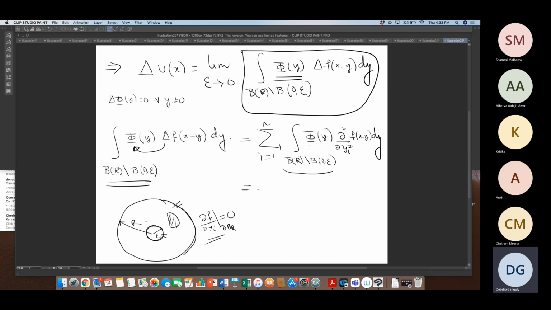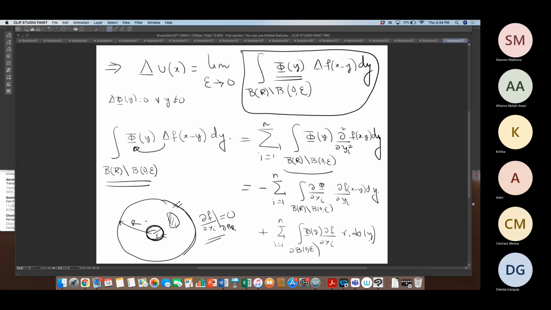So the first derivative here gives minus the sum over i equal to 1 to n of the integral over B_R minus B_0 epsilon of del phi by del y_i into del f by del y_i of x minus y dy, plus only the inner boundary will come, plus the sum over i equal to 1 to n of the integral over del B_0 epsilon of phi of y del f by del y_i nu_i d sigma y.